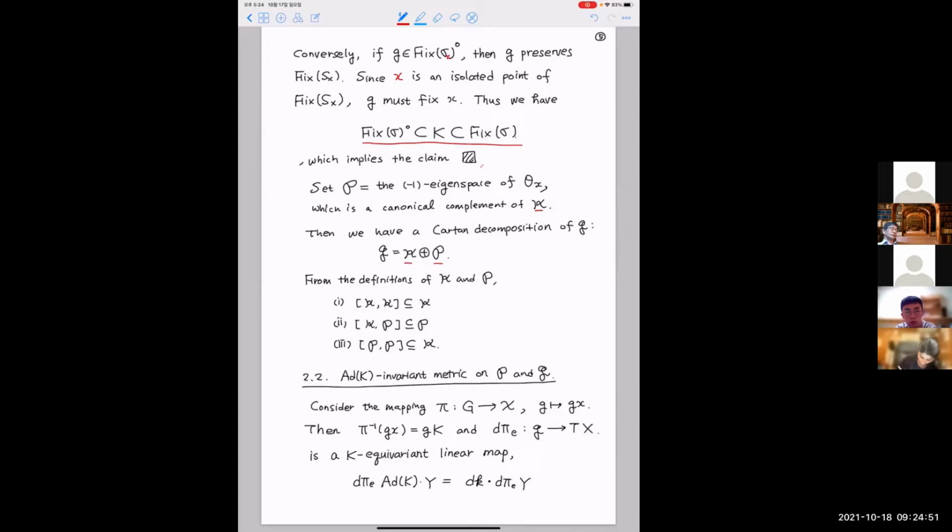From this definition, we can see that if you take the bracket of K with K, you obtain also K, the bracket of K with P is inside P, and the bracket of P with P is in K. Okay, so this is a very basic fact.